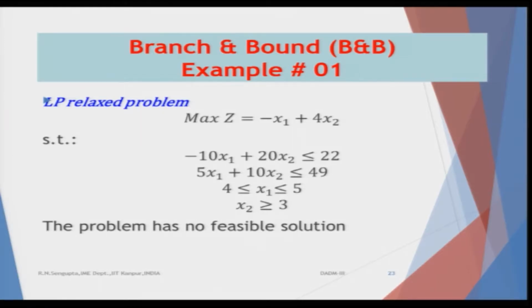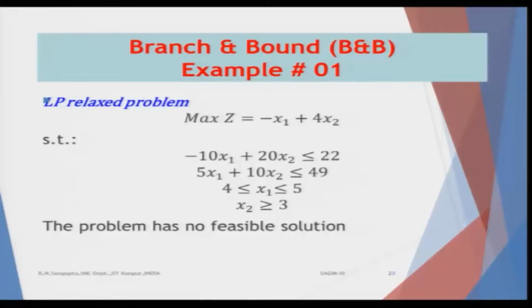So, the relaxed LP formulation is: max z equals x1 plus 4 x2, remains the same; 10 x1 plus 20 x2 less than or equal to 22, remains the same, same as with respect to the earlier constraint; 5 x1 plus 10 x2 is less than or equal to 49, remains the same; x1 is continuous, remains the same in the linear programming relaxed form.